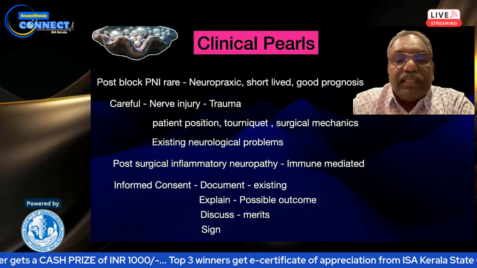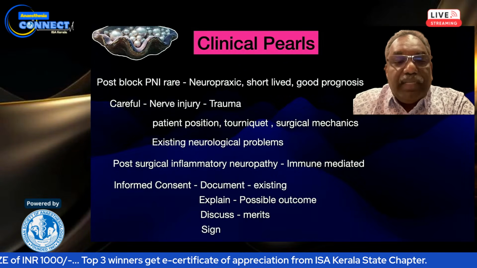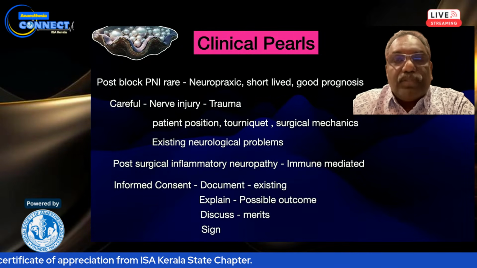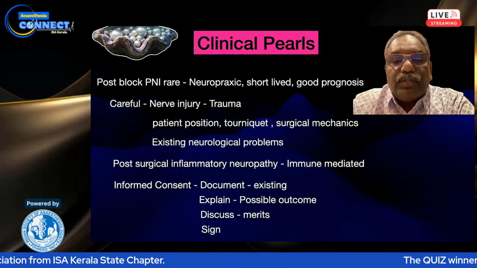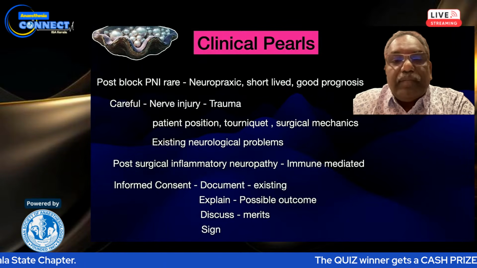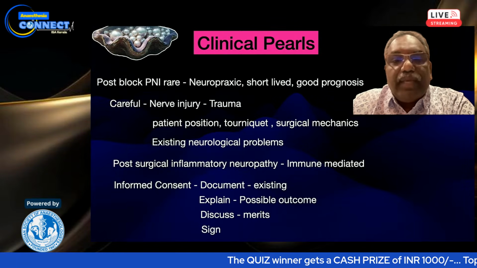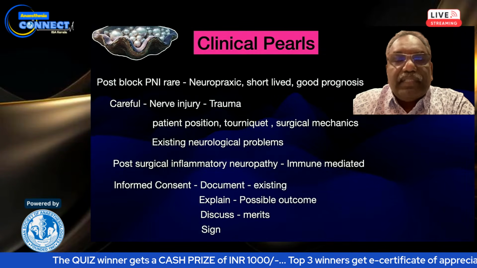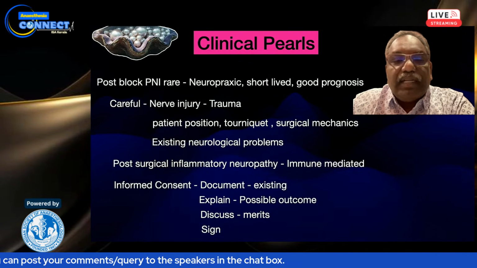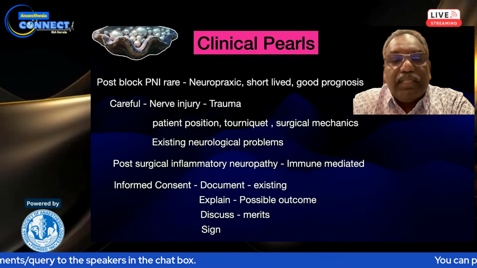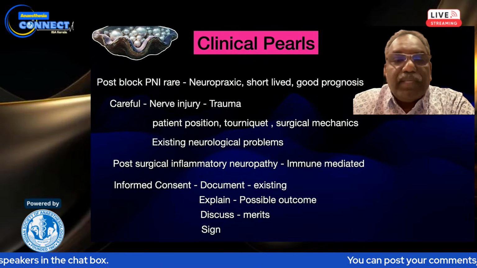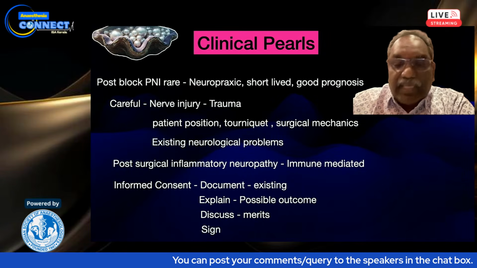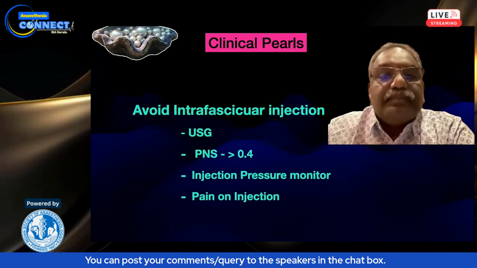And in conditions like multiple sclerosis or amyotrophic lateral sclerosis, the neurologic condition may worsen after anesthesia, whether regional or general. That possibility has to be explained, weigh the merits and demerits, discuss with the patient, and sign the consent.